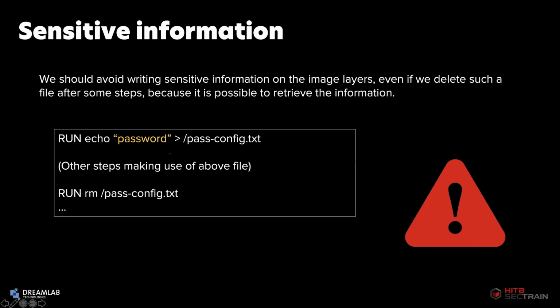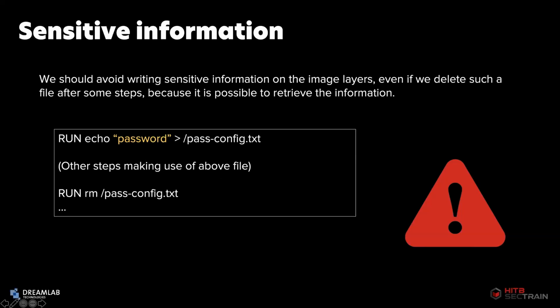Perhaps this is a pretty easy sample, because we are doing just an echo of a password and throwing it into a file. But perhaps in the Dockerfile you can see this, but there are a couple of files with sensitive information, but then they are removed. So in the container you will not see them, but you can recover them. So it's not recommended to write sensitive information in Dockerfile statements.